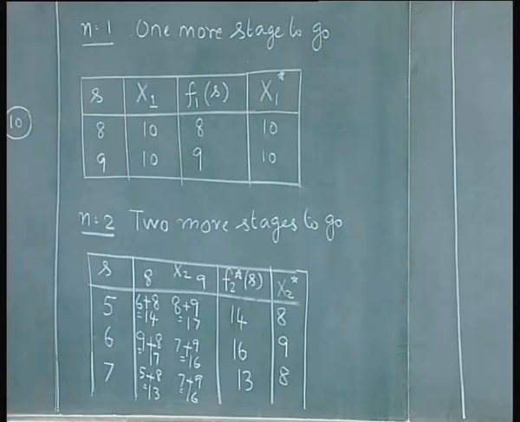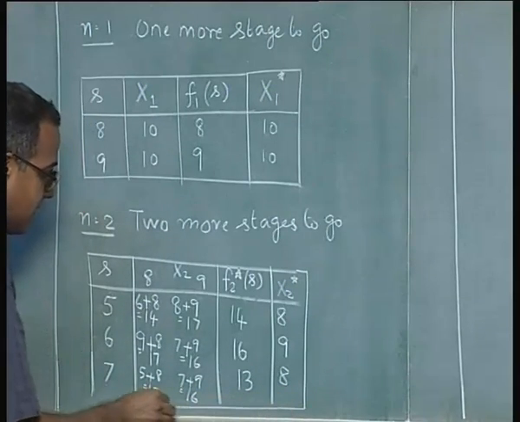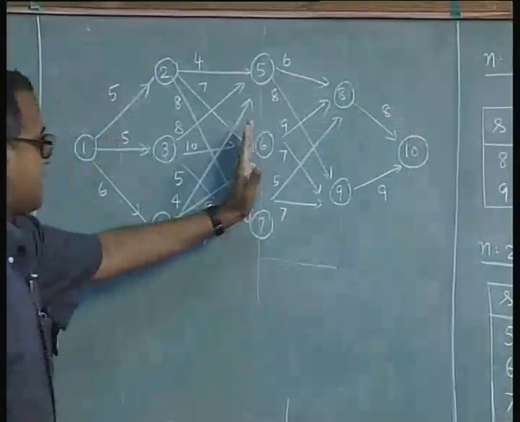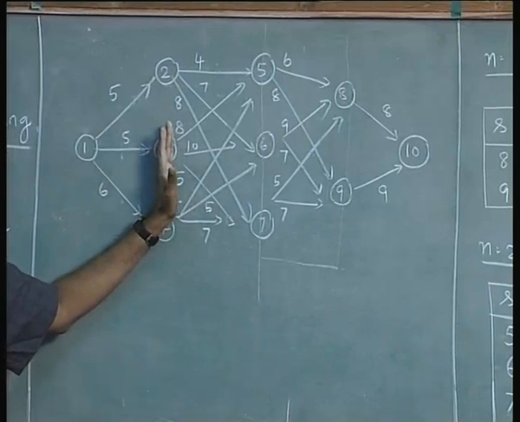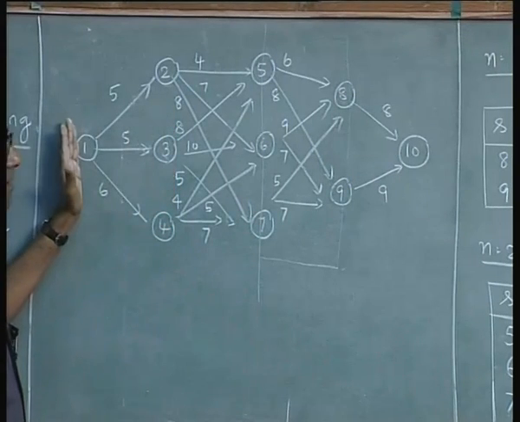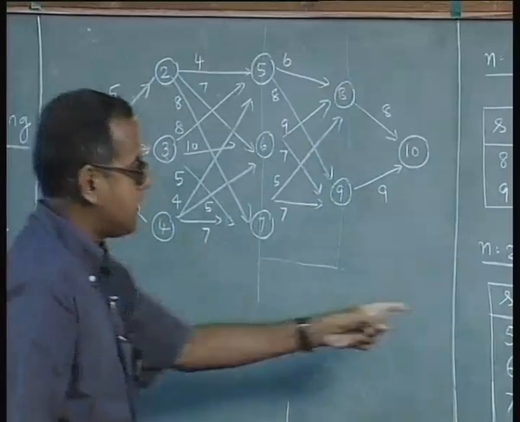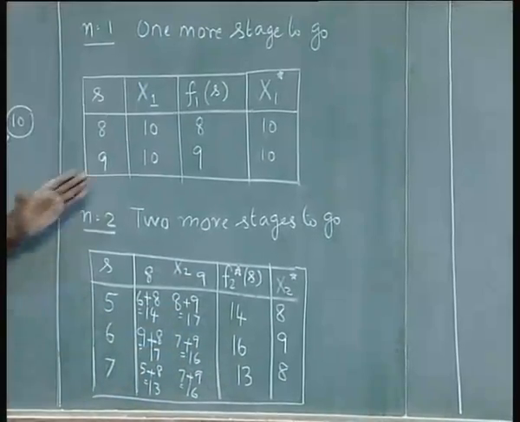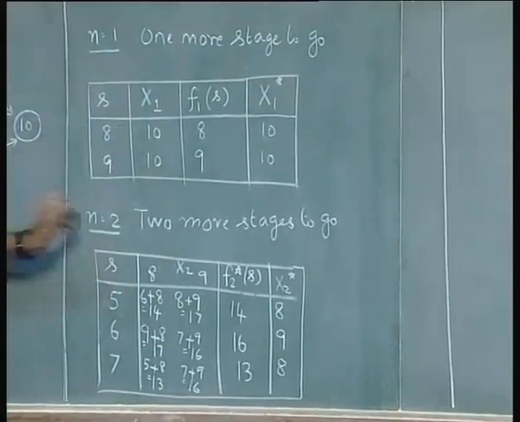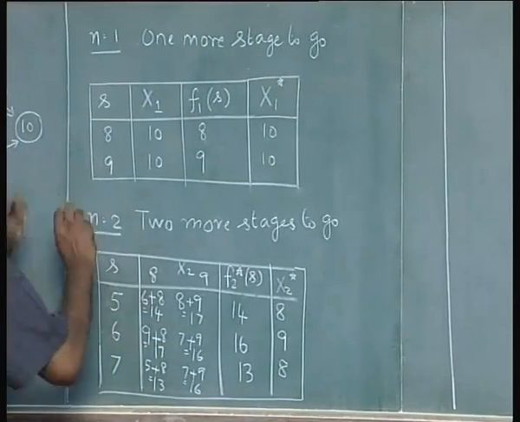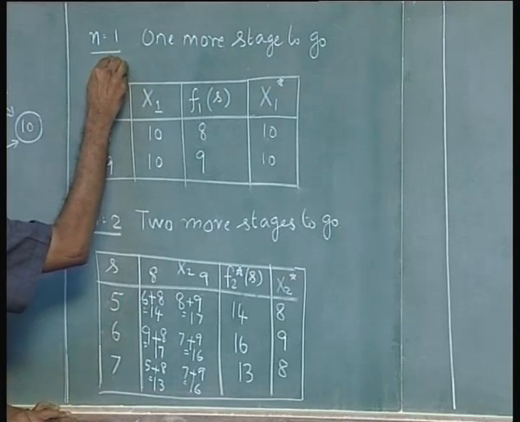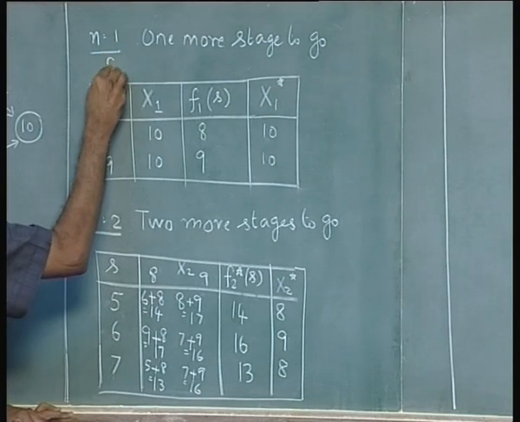So we have now completed 2 of these stages. We have 2 more stages to go, like next the person would be here to make a decision, and then the person would come back to make a decision. But since we have written a lot of numbers, let us try to define what we have actually written. So when I have one more stage to go, I define something called F1.